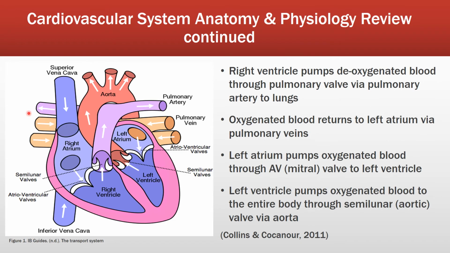All right, so now the blood is in the right ventricle. The right ventricle will pump this deoxygenated blood into the pulmonary artery. Note that it's unusual, but arteries usually carry oxygenated blood, while the pulmonary artery carries deoxygenated blood. So that sometimes confuses people. And here you have the valve.